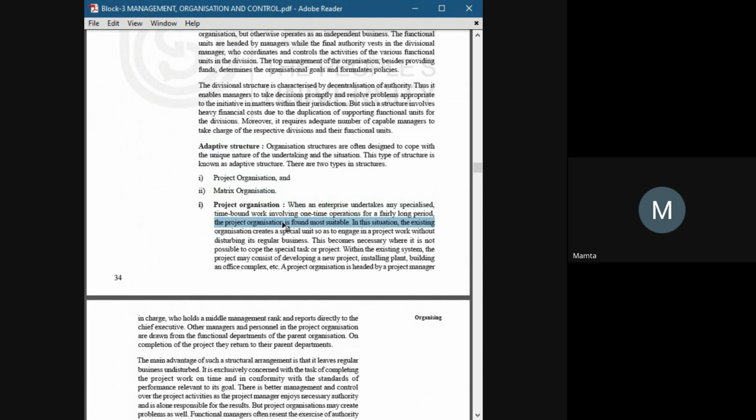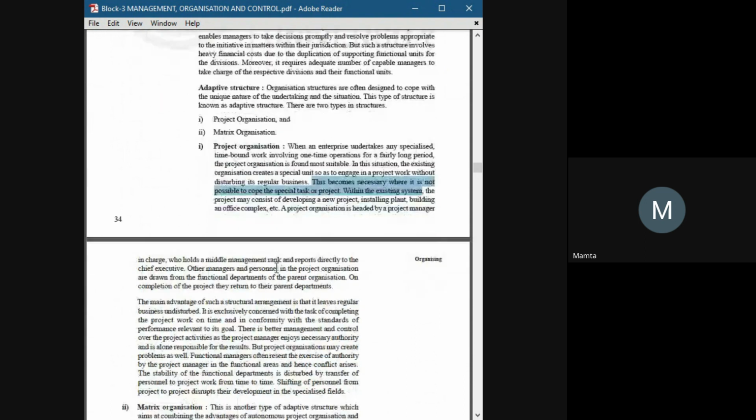In this situation, the existing organization creates a special unit, a special team, so as to engage in project work without disturbing its regular business. This becomes necessary where it is not possible to cope with the special task of the project within the existing system. The project may consist of developing a new product, installing plants, building an office complex, etc.